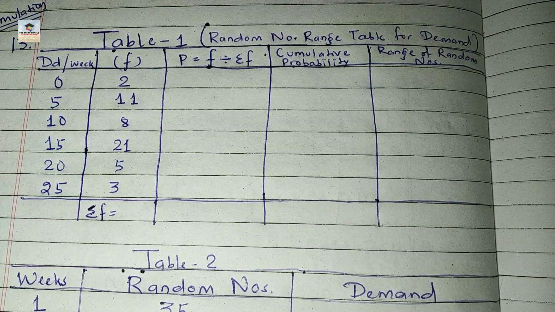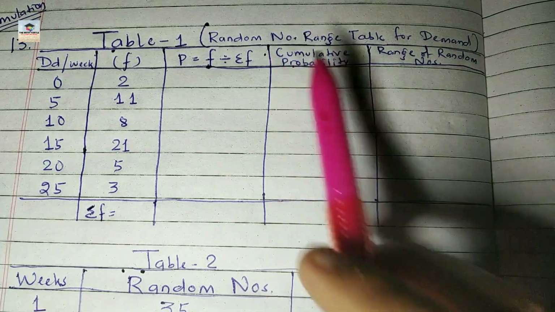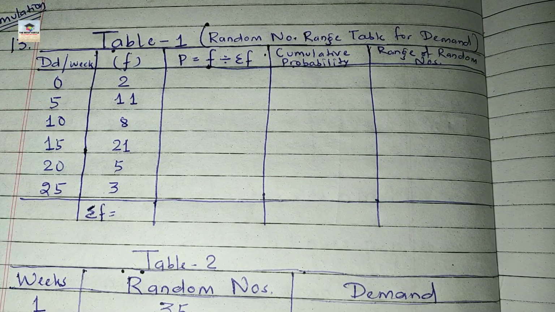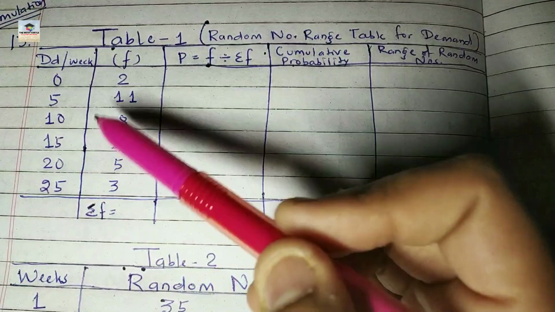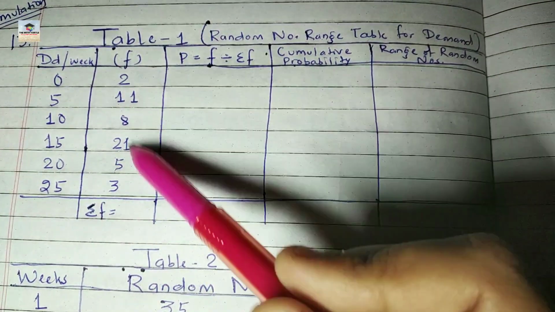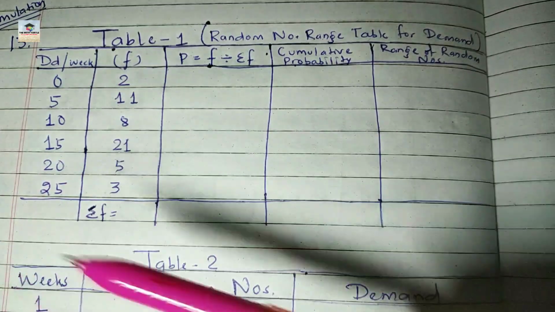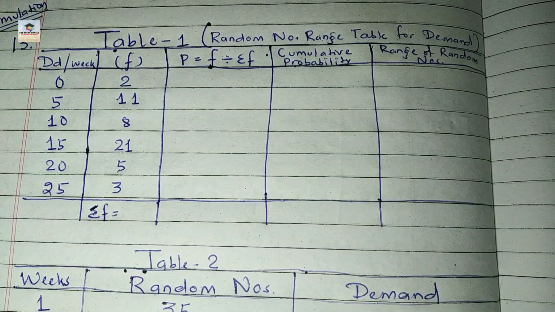So here first we need to make table number 1, where you have to make the random number range table for demand, right? So this is your random number range table. Here you have to make 5 columns. The first one is for demand per week. The second one is for the frequency, like how frequently you are getting demands. The third one is for probability, right? So how to calculate probability?